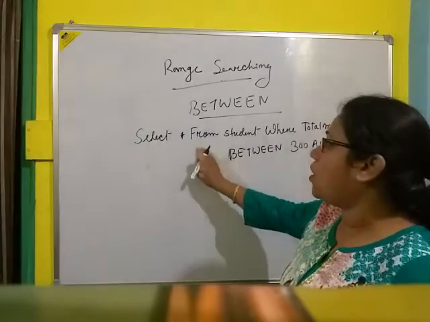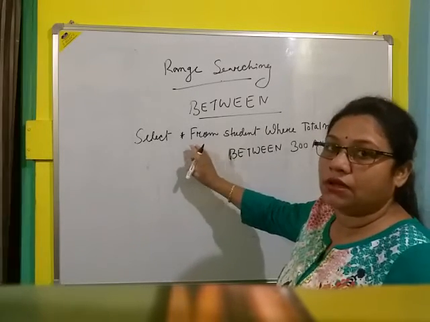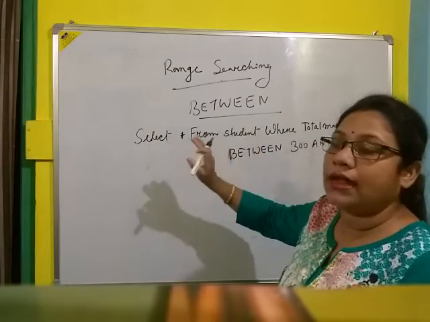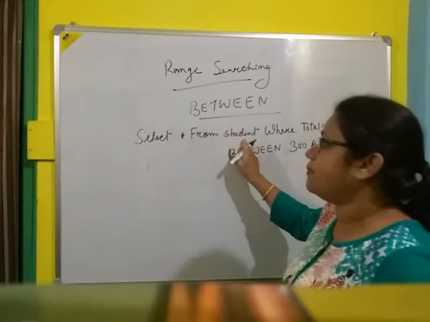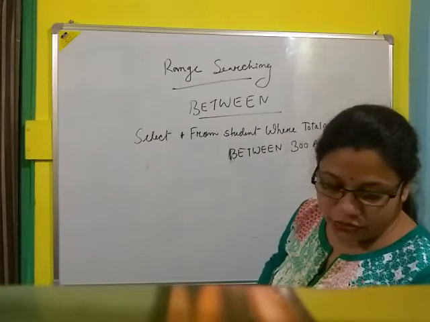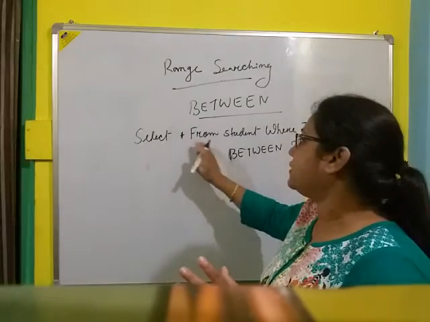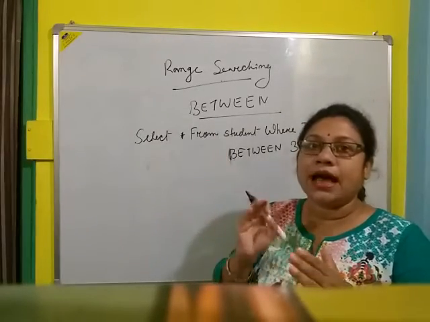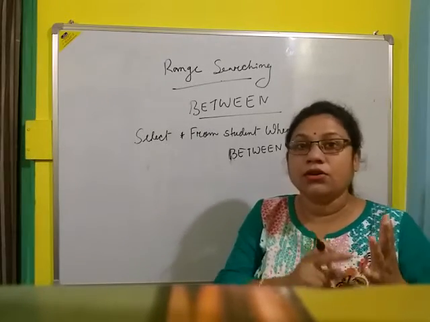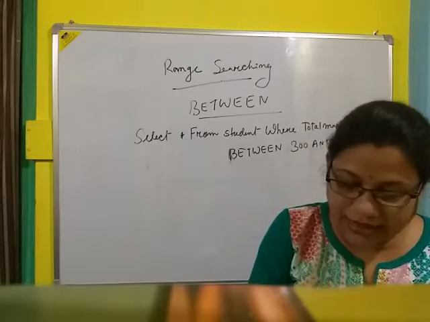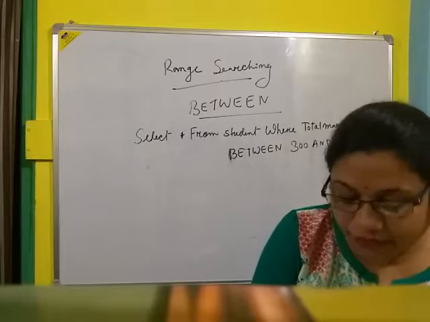That means select all. Select all means I want to select all the columns. I want to show all the columns of the table. In the student table there are 1, 2, 3, 4, 5 columns available. Select all from student means I want to select all the column names, that is the roll number, the name of the student, then the total marks and grade and the date of result.